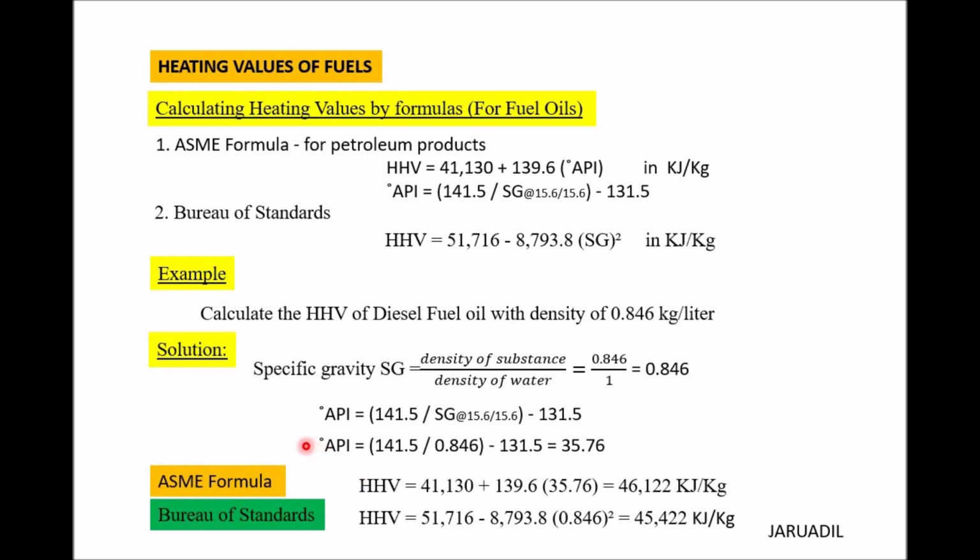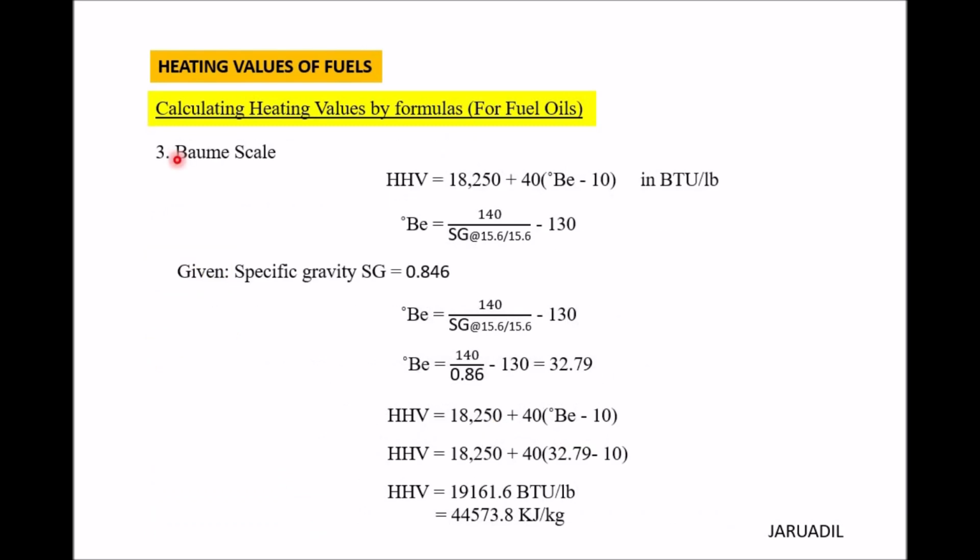And we have found out that the higher heating value using the ASME formula is 46,122 kilojoules per kilogram. And for Bureau of Standards, that is 45,422 kilojoules per kilogram. So now here, using the Baum scale, we have this formula. We have to check out if the higher heating value that we will get is equal to the two previous formulas. So HHV is equal to 18,250 plus 40 times degree Baum minus 10.